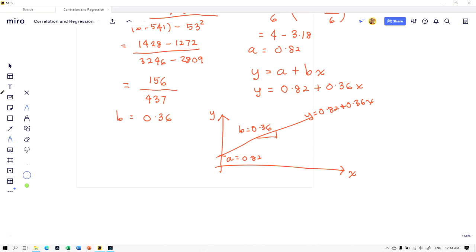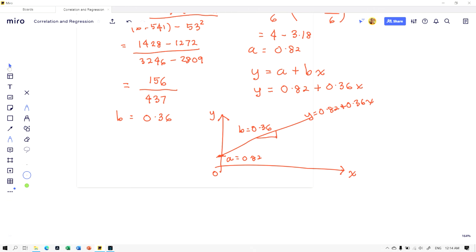We have determined the regression equation, and from the regression equation we know that the slope of the regression line is equal to 0.36, and the regression line intercepts the y-axis at the value of 0.82. So this value is the value of a, and this is the value that intercepts the y-axis.